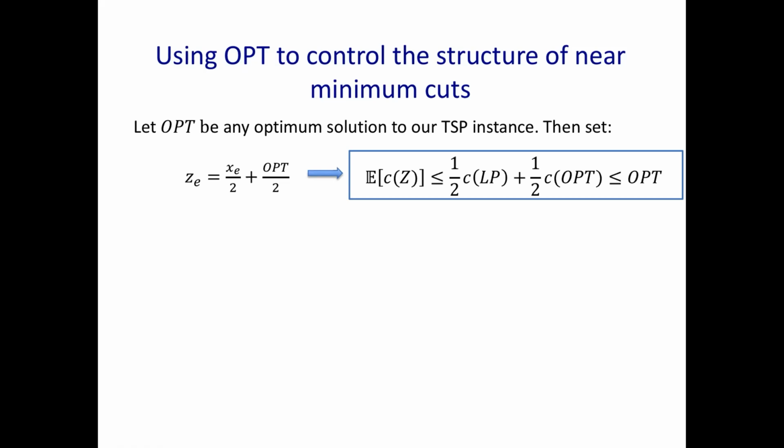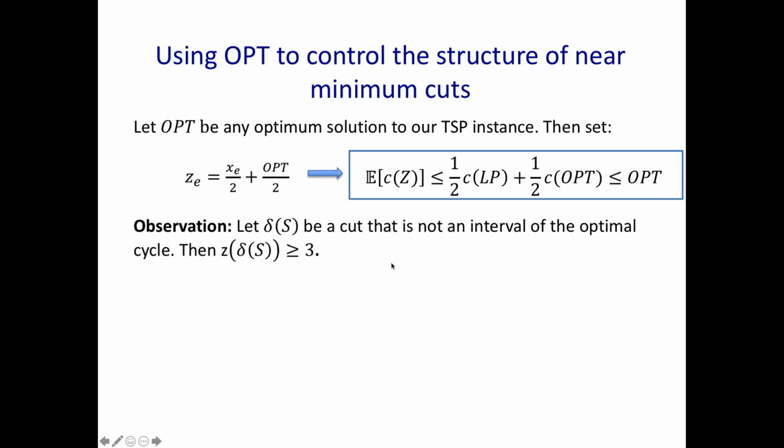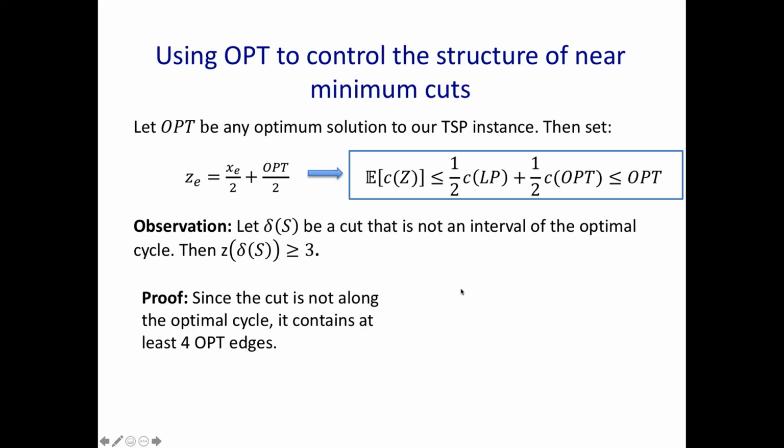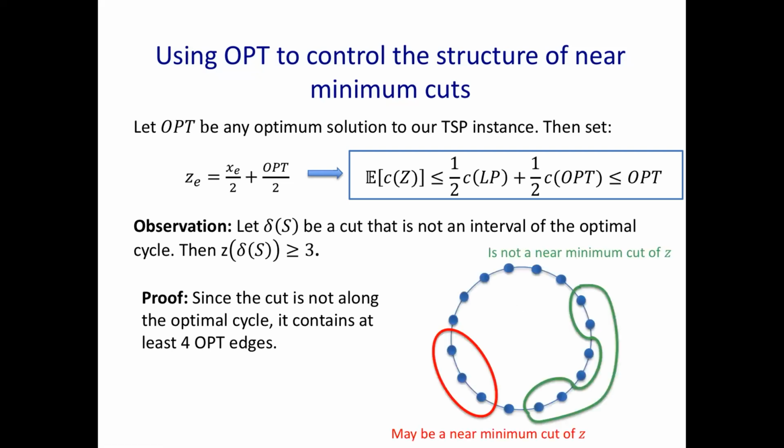Okay, so why do we do this? It turns out that the point z has a nice near minimum cut structure. Every cut less than 3 is now an interval of the optimal cycle. So suppose you take a cut that's not an interval, then you get at least 4 opt edges, each having fractional value 1/2 in z.